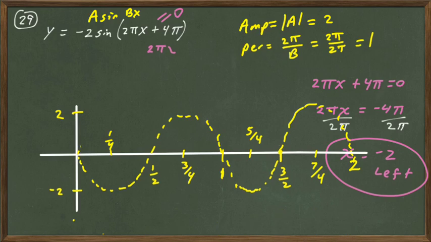Let me get another color so I have my final graph in a different one. Okay, move this 2 to the left. Would it be at the origin? Yes? What was this doing over here to the right of 2? Was it going downward? So what do you think this blue one's going to have to do? Go downward. So it's probably going to go pretty much just like this.